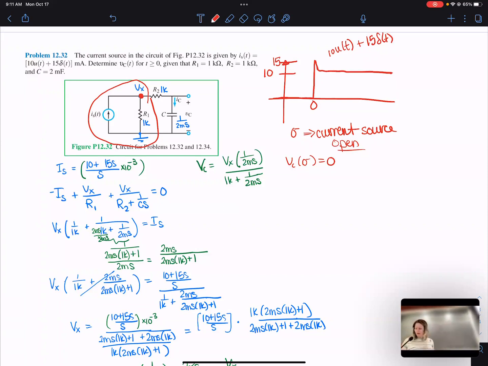So this is my voltage divider equation, Vx times 1/2 milli times S over 1K plus 1/2 milli S. And then I like to simplify this. I typically take 2 milli times S, which simplifies this to Vx over 2 milli S times 1K plus 1. That's usually the algebra I do to get rid of the fraction on the bottom.